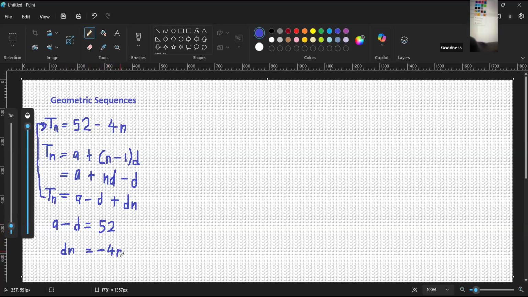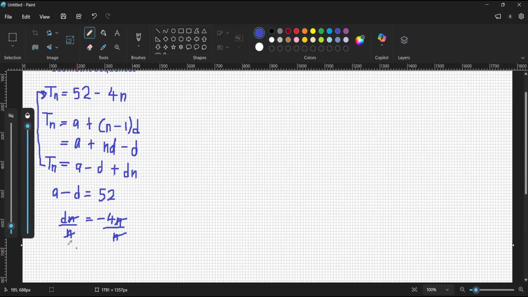If you look at what's happening on both sides and divide both sides by n (some people will say n cancels n, but it's better to say divide both sides by n), you would find that D is equal to minus 4. Therefore, you know that therefore sign, right? Yes.